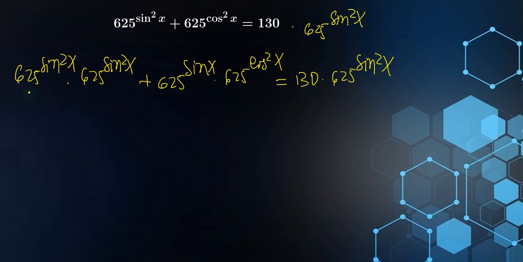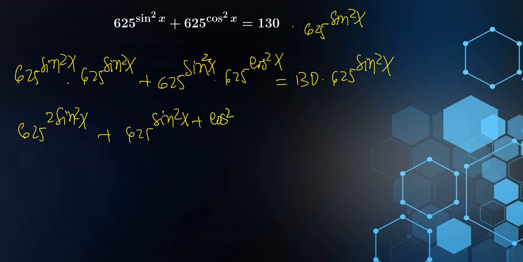Okay, so now you see that here we have same bases, so we keep the base and we add the power. So we're going to have 2 sine square x plus, here we're going to have 6 to 5, sorry, this is sine square x plus cos square x. I'm going to bring this one here, minus 130 times 6 to 5 sine square x, and then this is equal to 0.